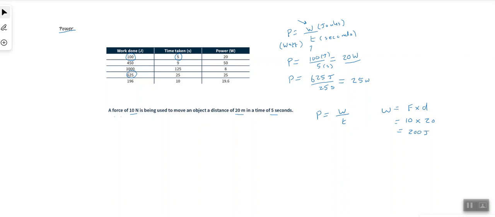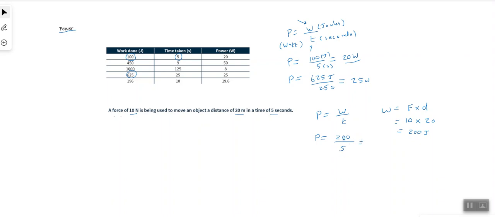Okay, so now we can use this to calculate the amount of power that was produced. Power is going to be equal to the work done. The work done we've calculated is 200 joules, and that was done in 5 seconds.